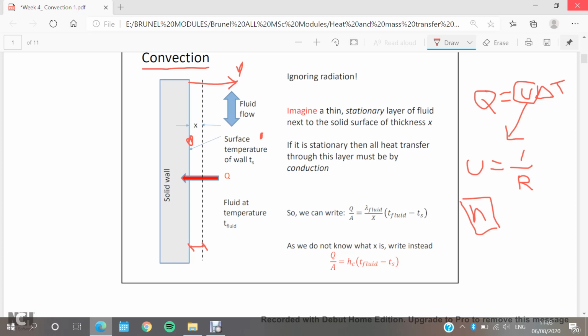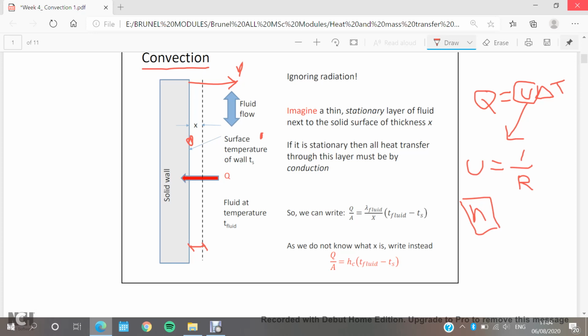We said earlier that the difference between conduction and convection, or between solid and liquid, is the movement of the molecules of the material itself. If the molecules are stationary and there is no high vibration, it will be by conduction. In this case we are assuming this.